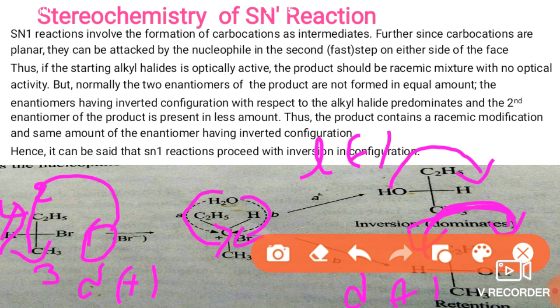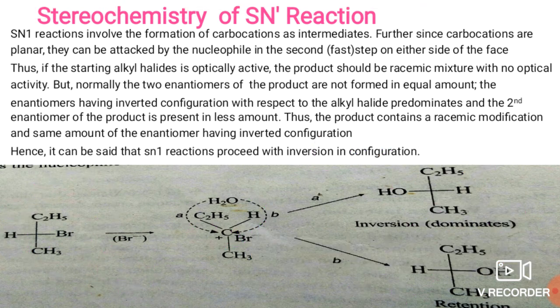The two compounds formed, the inversion and retention products of tertiary butyl alcohol, are not formed in equal amounts. One is a high amount, the other is a low amount.